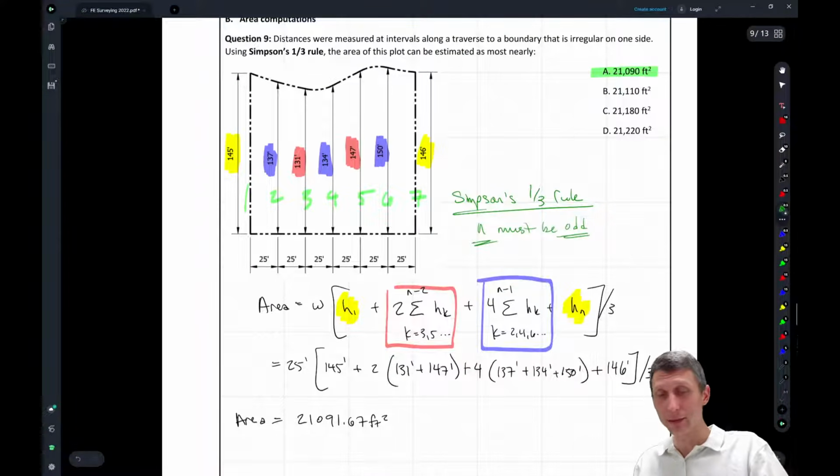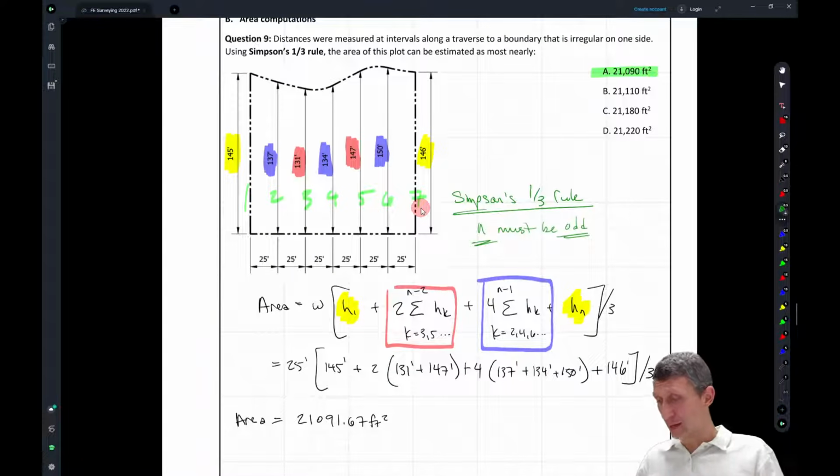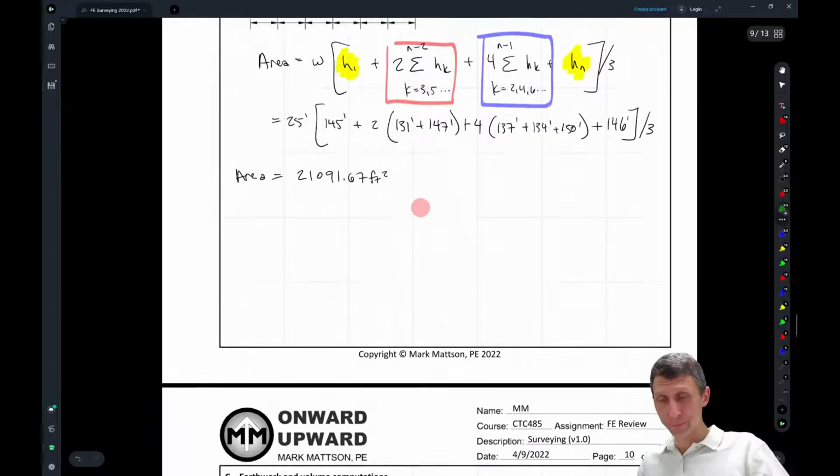Okay, so n, the total number of heights that you have here. So if we're looking at this, the total number of these heights, you must end in an odd number. If it doesn't, you have to revise it somehow so that you can get an odd number. All right, so not too crazy, but something that's worth taking a look at.